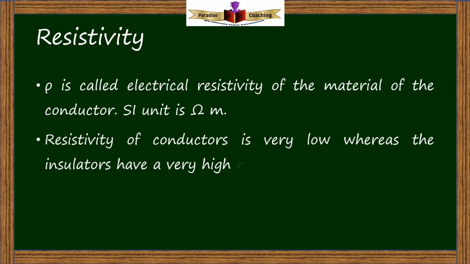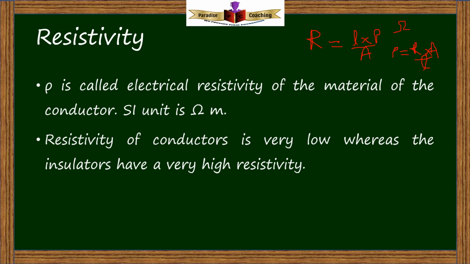Just for example, we know R is equal to L into rho upon A. So this can be written as rho equals R into A upon L. And now we know the unit for R is ohm.